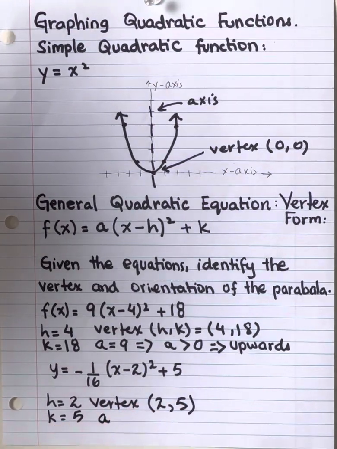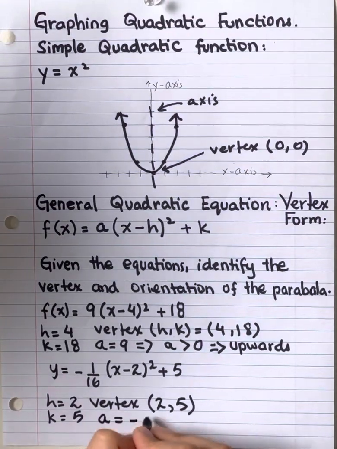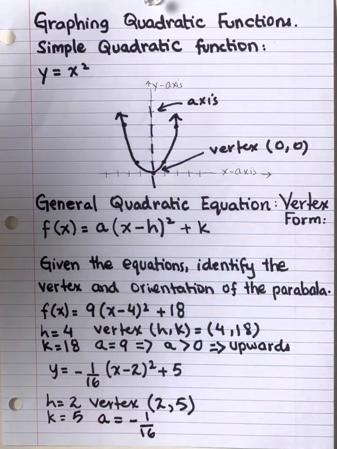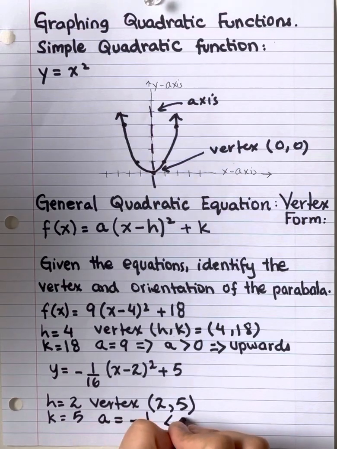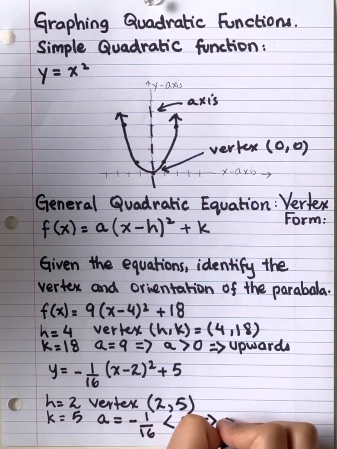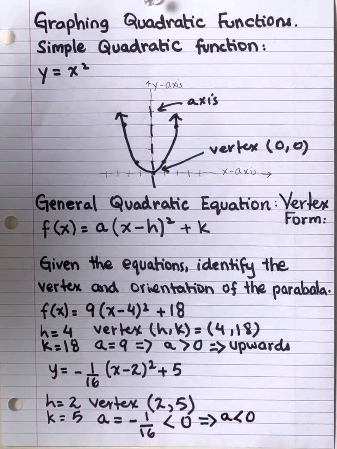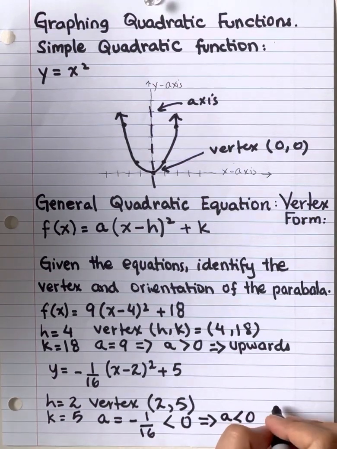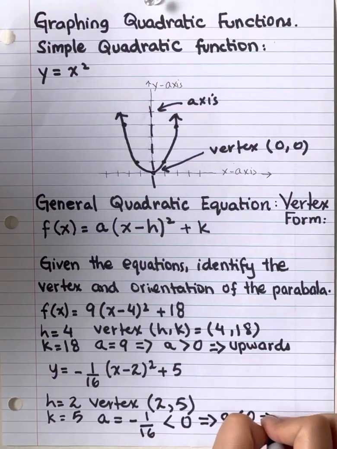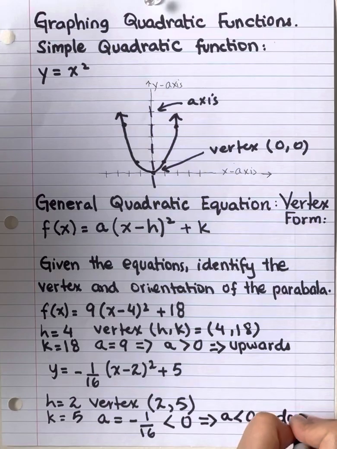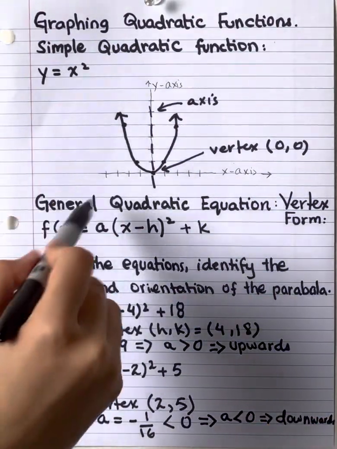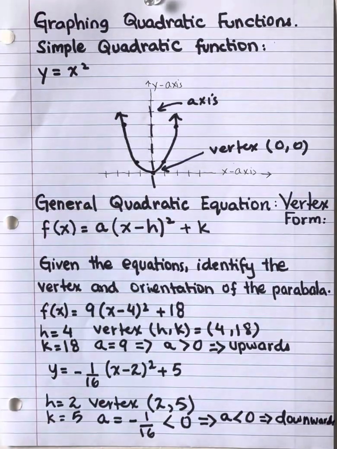And our a value is equal to minus 1 over 16, which is less than 0. Which also means if a is less than 0, our parabola is facing downwards. Our parabola curve is facing downwards.